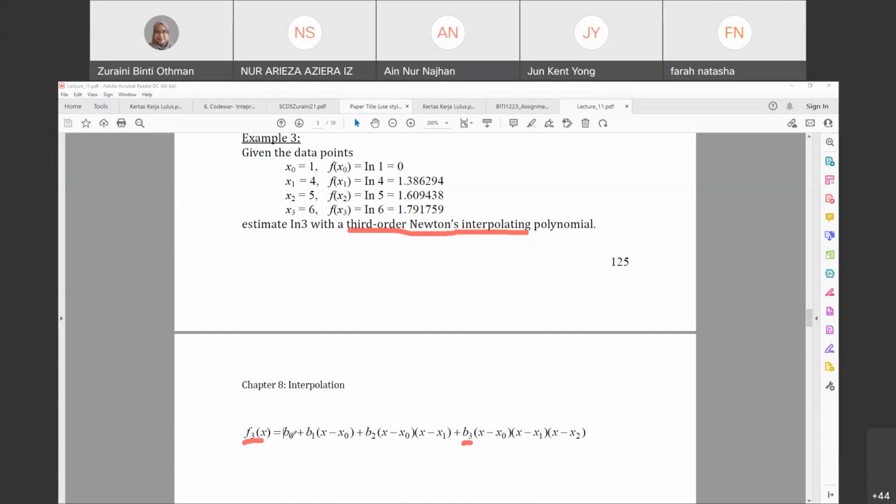Then you know that you have B0, B1, B2, B3, and here, if we have B0, don't have the bracket. But B1, we have one bracket, X tolak X kosong, which is one lesser than B1. And for B2, we have two brackets because of X tolak X kosong, X tolak X1, one lesser than B2.